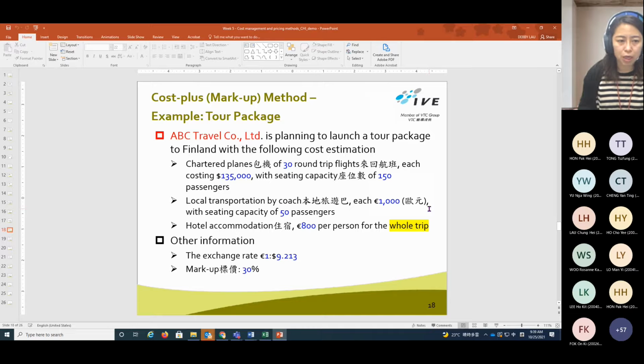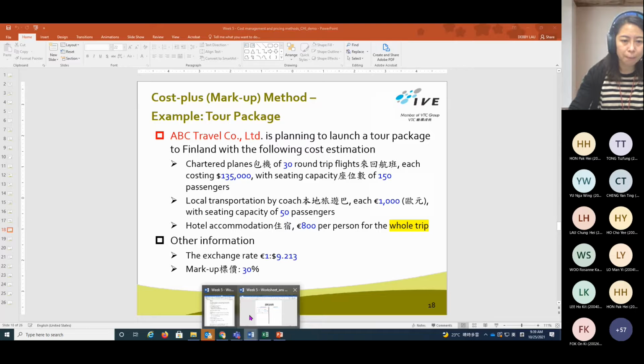So especially for the foreign currency, convert to Hong Kong dollars. So here we got the example for the travel agency in your notes. So we move to our exercise today.